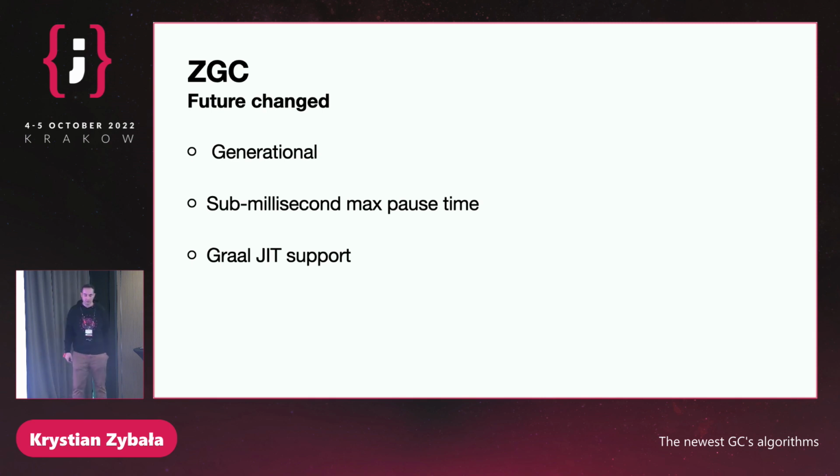But what is more important is that they are still targeting sub-millisecond pause time. And what does it mean? It means that currently, when you're looking at the metrics, you see that the ZGC pause is always 0. And this is true, basically. But when you have Micrometer in your application, you have to care about the concurrent phase time.